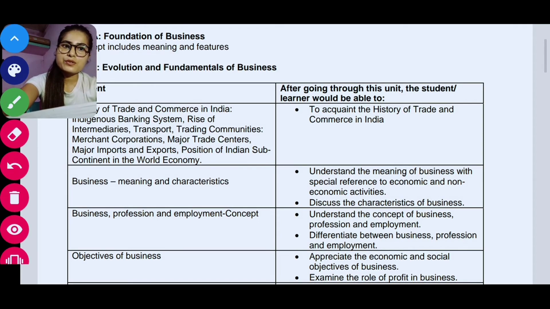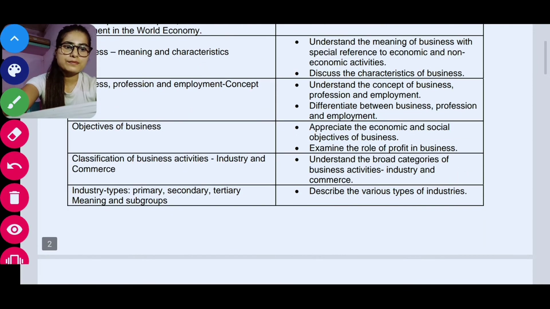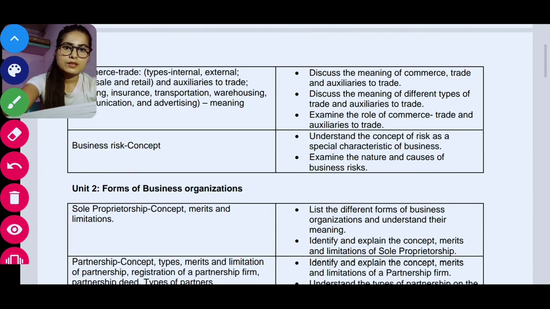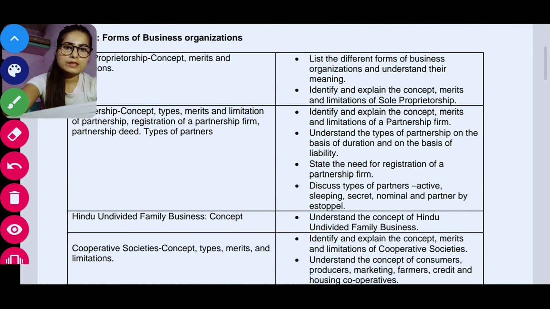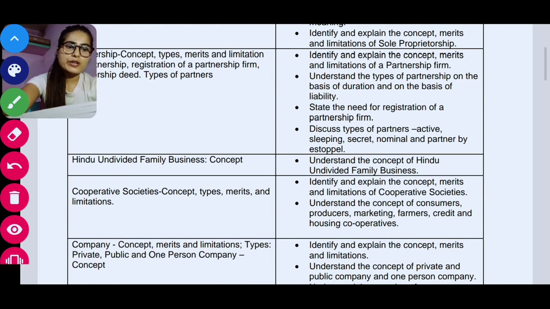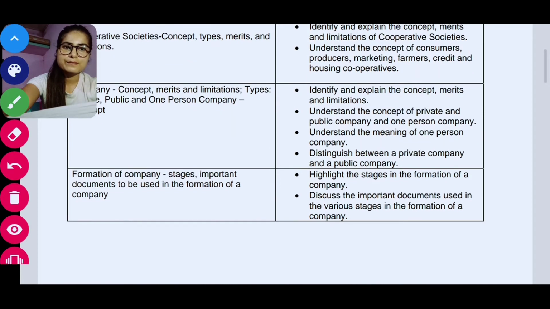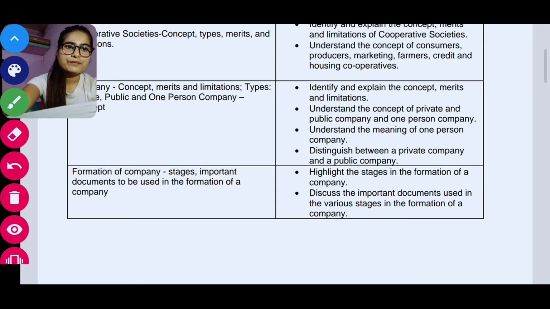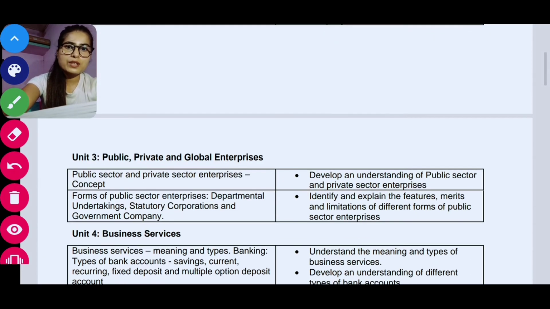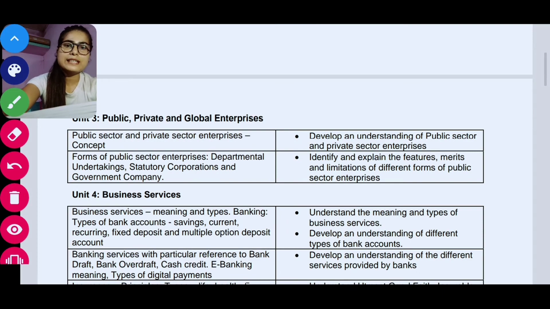So the first unit is the same, no change. From unit 2, the last chapter, choice of form of business organization, is omitted. You don't need it in the new syllabus. And from unit 3, again the last chapter, multinational company, is not needed now.